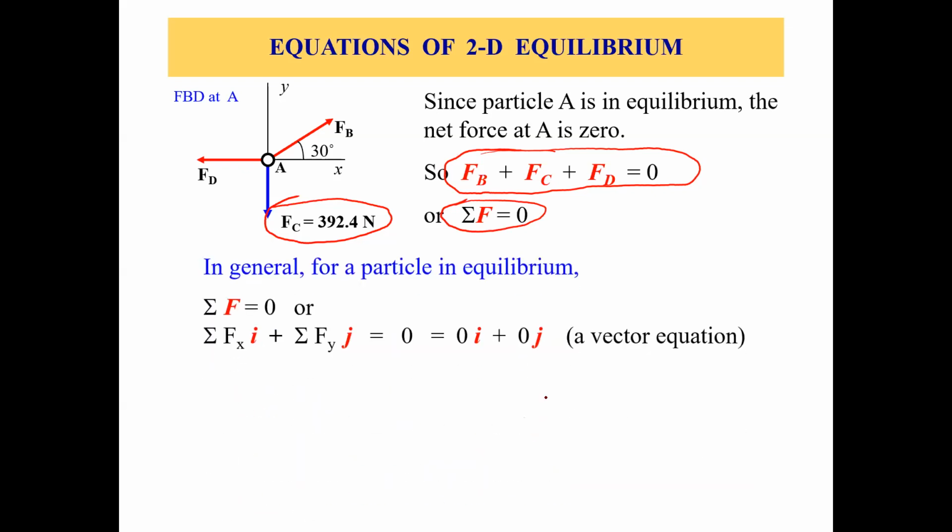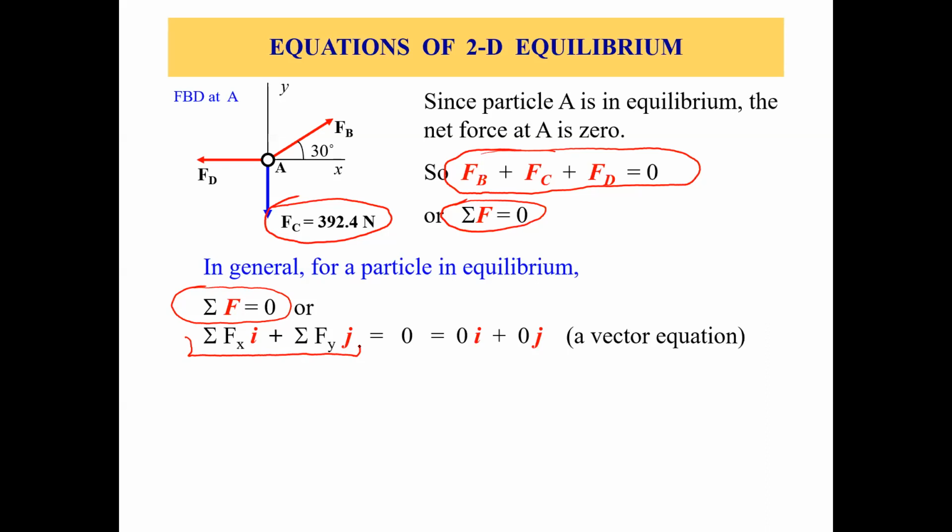So now let's talk about equations of equilibrium, right? We already talked about that sigma F equals 0 because there's no balance force. So once we say that sigma F equals 0, now we can convert it into X and Y components, right? Sigma Fx times i plus sigma Fy times j equals 0, because we have summation of forces equals 0.